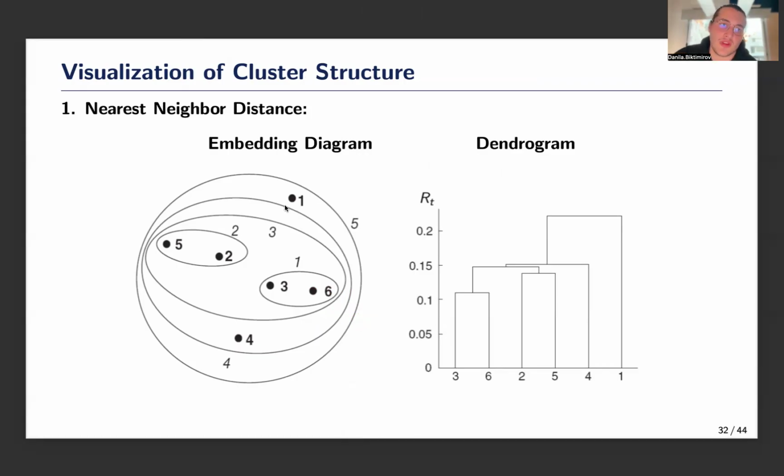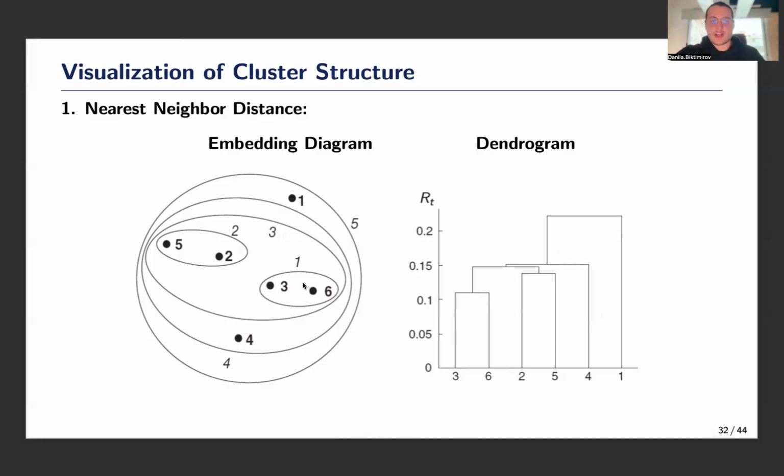For example, when we want to calculate nearest neighbor distance, on the first step, between points 3 and 6 there is the nearest distance. Here we can see 3 and 6 are nearest between any of them, and then we collect them into one cluster.